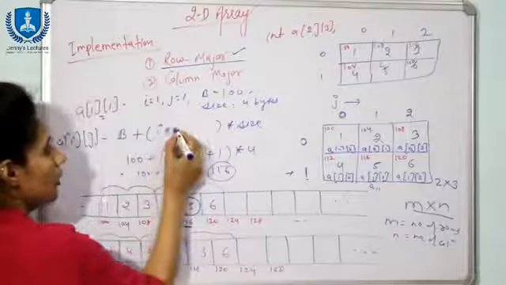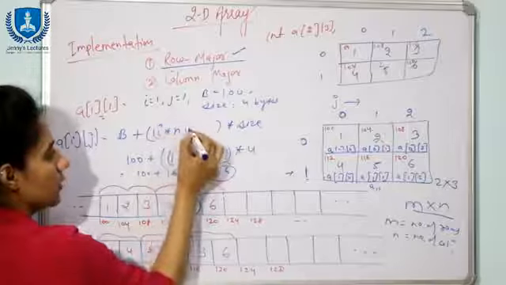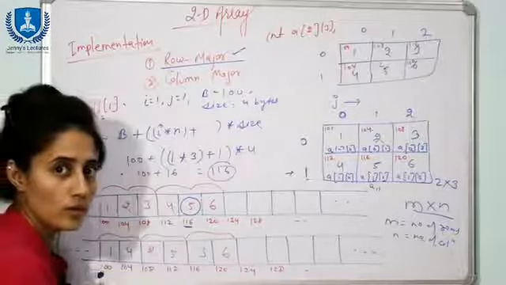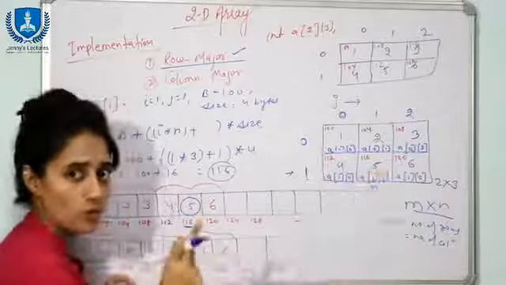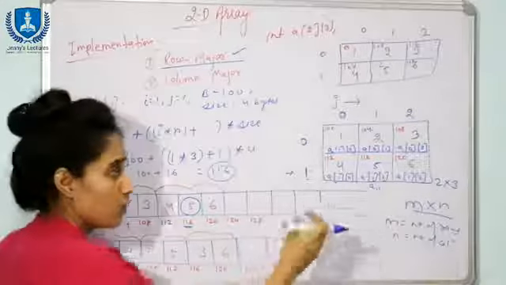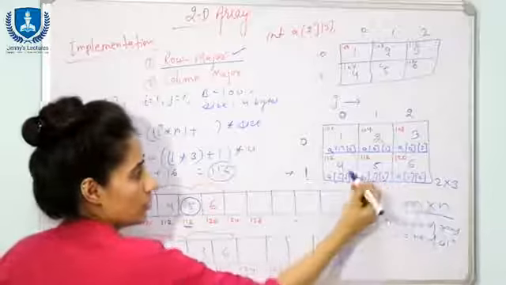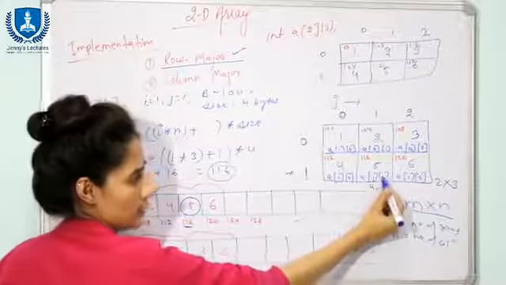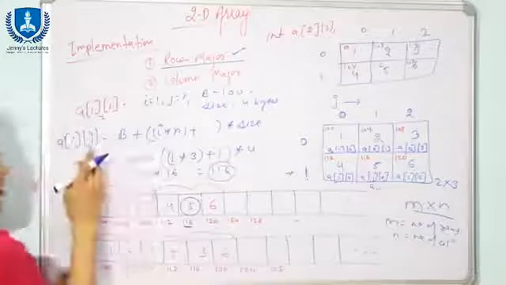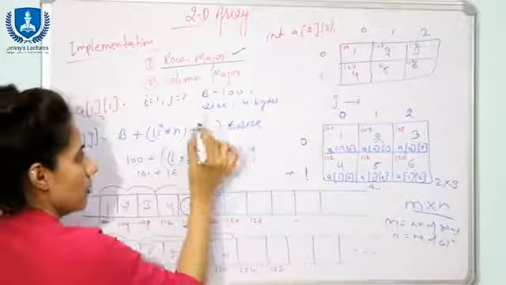So we multiply i with n, plus what do you add? Now you have reached that particular row, but you have to reach that particular column, so for that also you have to cross some elements. This number in the second subscript, the j value, tells you how many. So plus j.